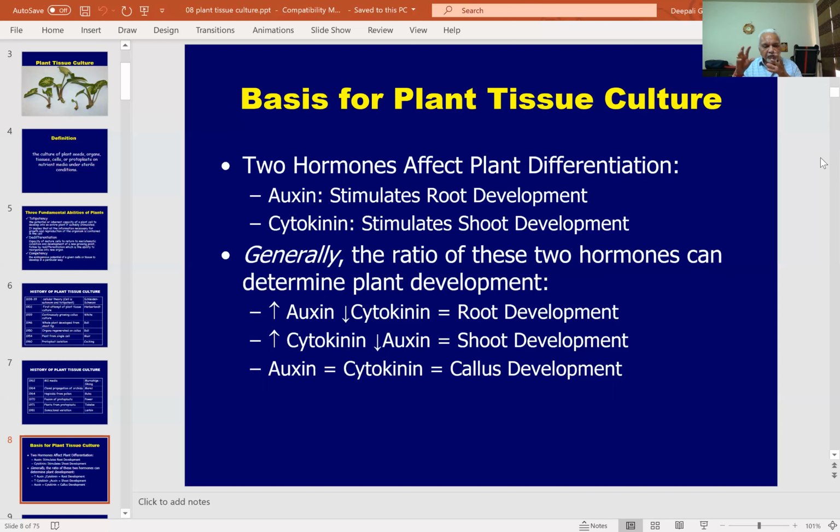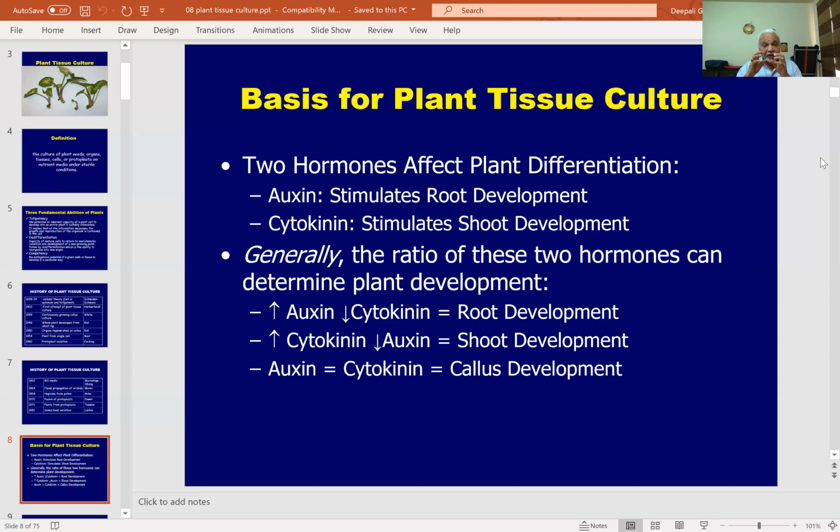So basically, in vitro, it is this ratio between cytokinin to auxin or auxin to cytokinin which decides the path of differentiation, whether the cells are going to produce shoots or roots.